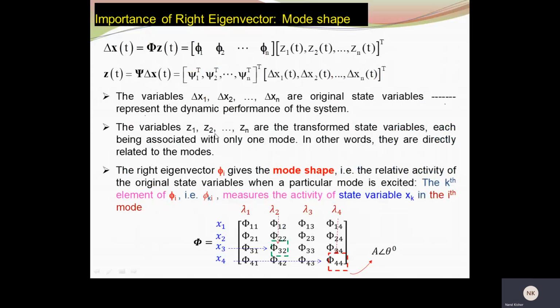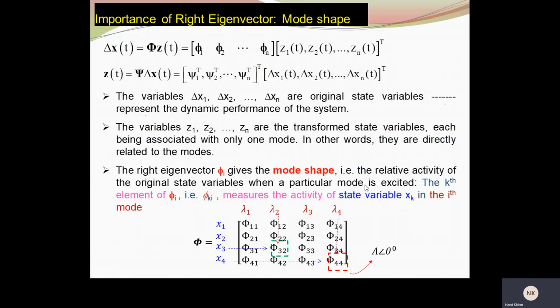Now the right eigenvector gives the mode shape. It means it is the relative activity of the original state variables when a particular mode is excited.